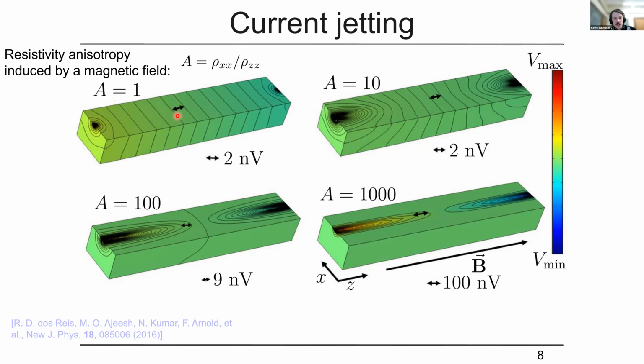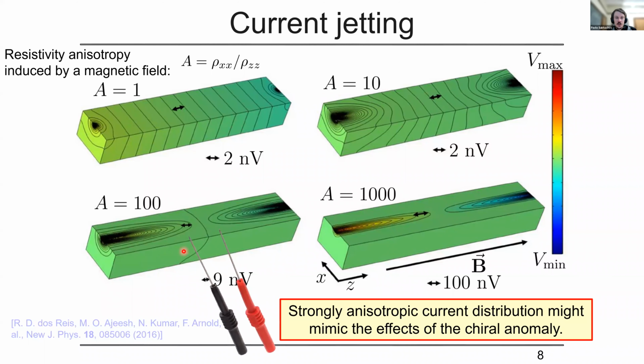But if our material has a large mobility and we apply a magnetic field, we will create a large anisotropy. And this large anisotropy will lead to current jets that are created out of point contacts. And then if we try to measure our voltage drop at the side surface, we will see that there is a huge voltage drop if we apply a magnetic field.